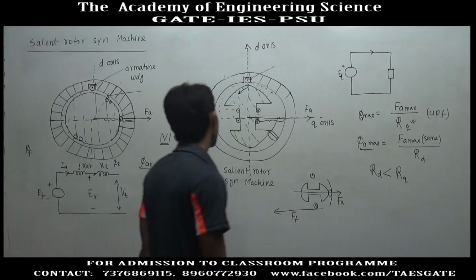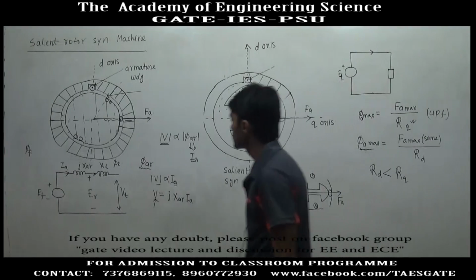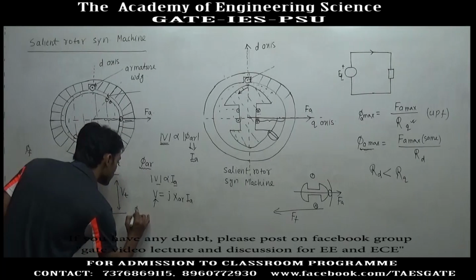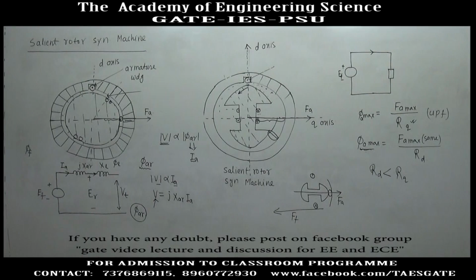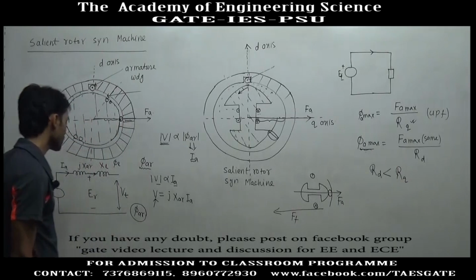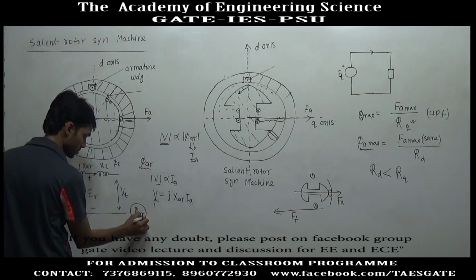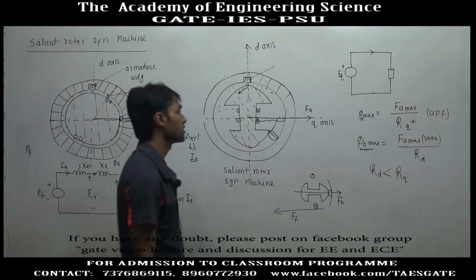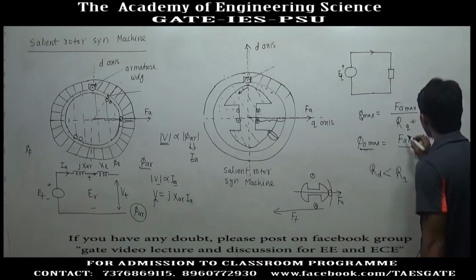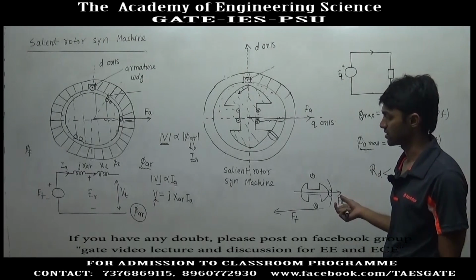But the same circuit model is not applied to salient rotor machine, because the value of armature flux depends upon the power factor of load, or it depends upon the orientation of rotor. For different orientation of rotor, the reluctance provided by the path is different. So, the flux is different. We do not have a fixed flux irrespective of the power factor.